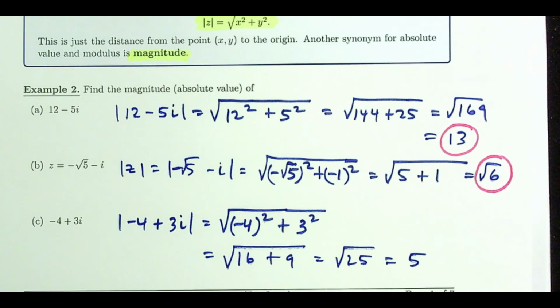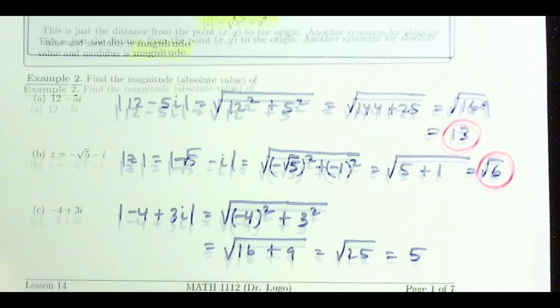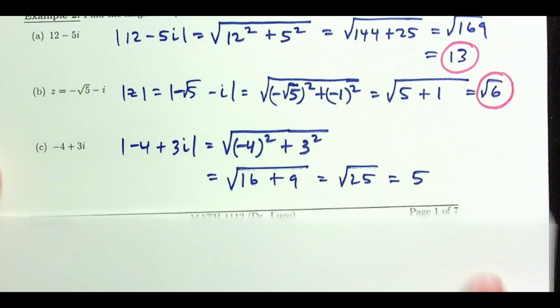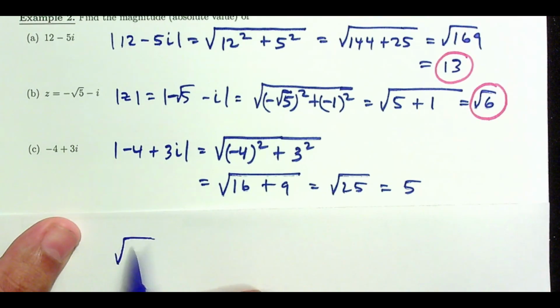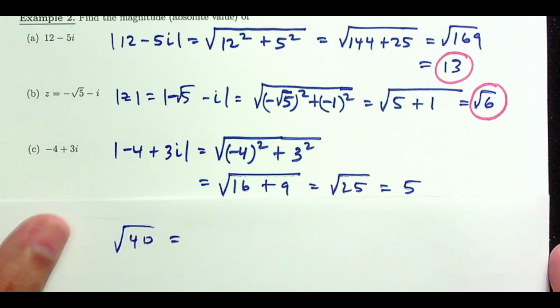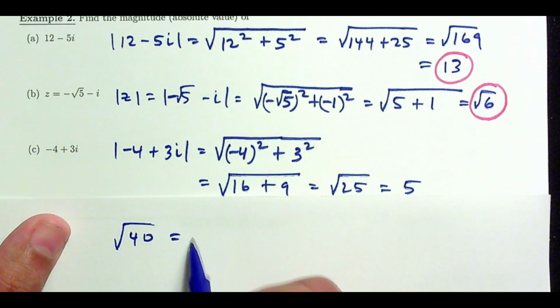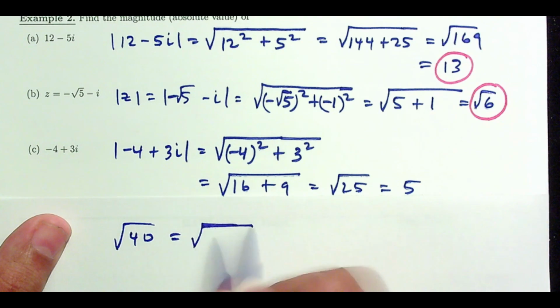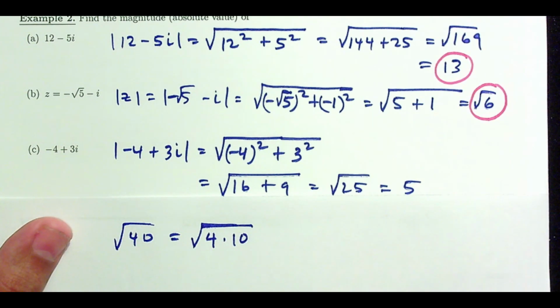Okay, remember one last thing: if when doing this you end up with a radical that can be simplified, then you should simplify it. So for example, if you end up with something like square root of 40, then remember that you should simplify that by breaking it up into a perfect square and the leftover factor. 4 is a perfect square here.